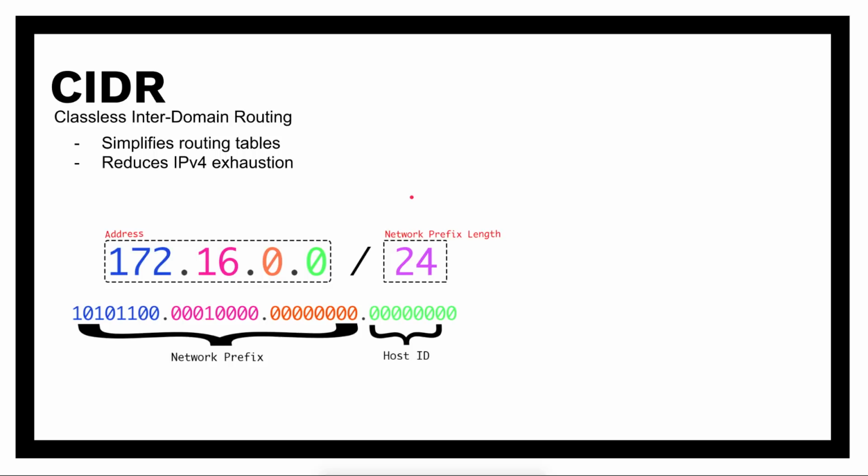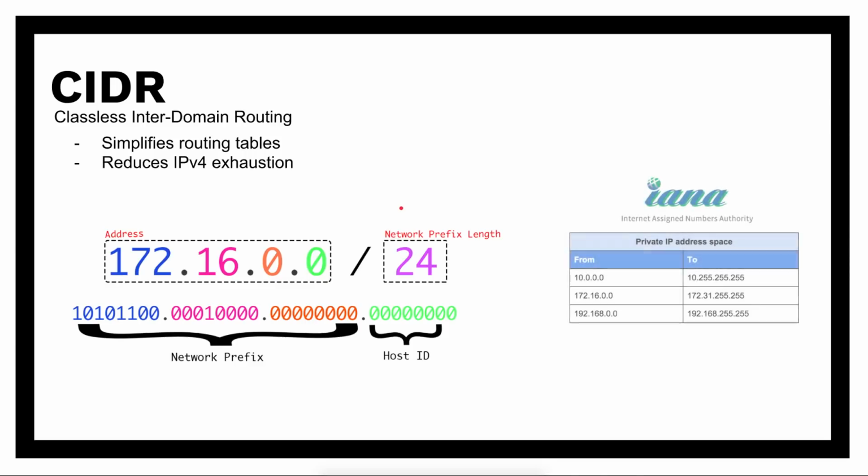So this brings us to the fun part of the lecture, which is CIDR. CIDR is classless interdomain routing. If you remember before, I was talking about class IP ranges, which were basically class A, B, and C. And this was the problem where I can have either 65,000 IP addresses or I can have 256, but I can't have anything in between.